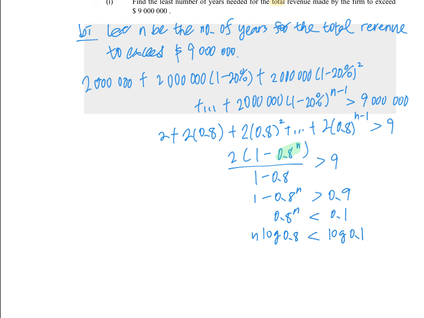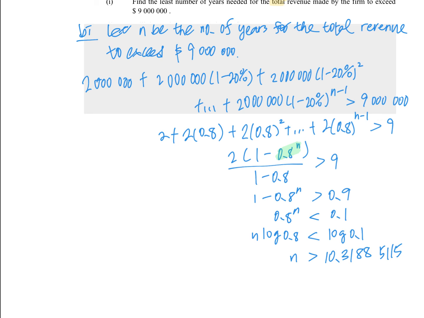So if you divide both sides by log 0.8, n will be bigger than log 0.1 over log 0.8. So n will be bigger than 10.3188, the four digit number, right? 3188 5115.